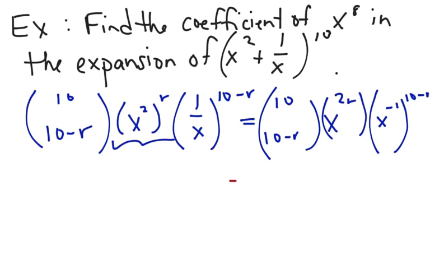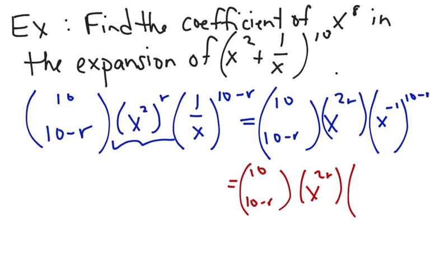Okay, let's simplify that again. This is going to be x to the 2r. This is now going to be x to the negative 10 plus r. I'm going to make that r minus 10.